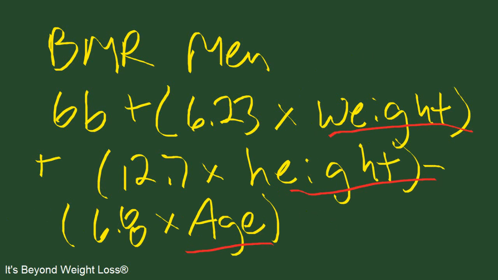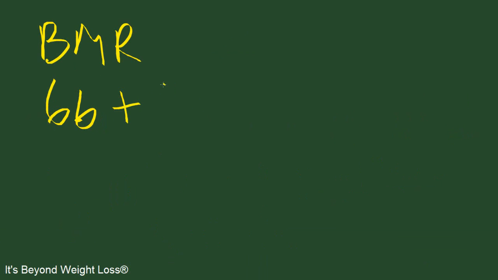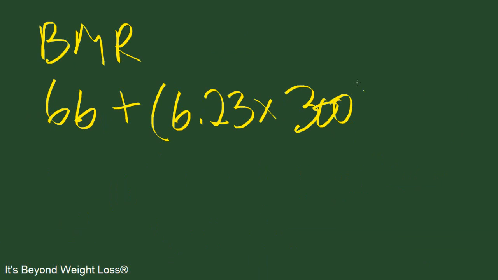In order to give you a better understanding of how this works, I'll plug in my actual values so you can see what my BMR is. So we'll use the equation for males, obviously, and that starts at 66 plus 6.23 times my current weight in pounds, which is 300 pounds.